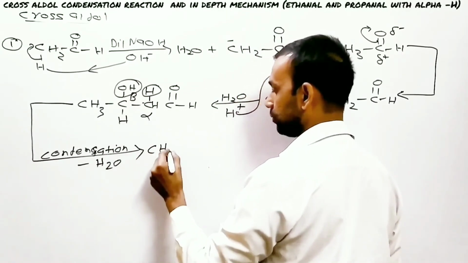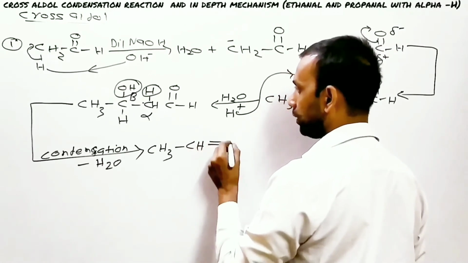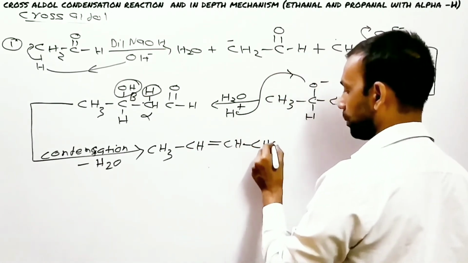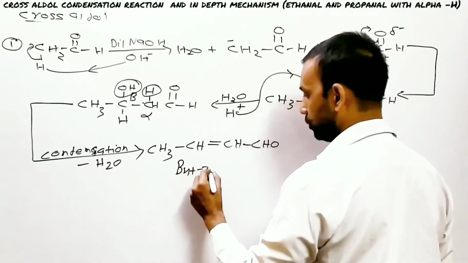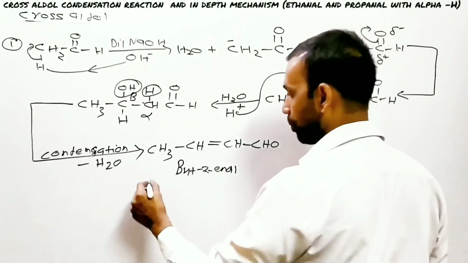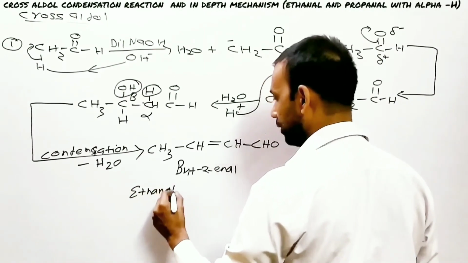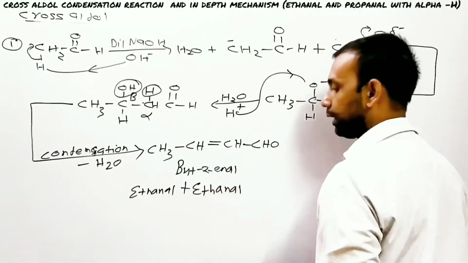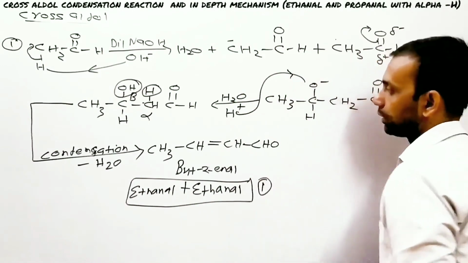So CH3, CH, double bond, CH, and finally CHO. What is this called? Butenal. So this is how you get your first product, ethanal plus ethanal.